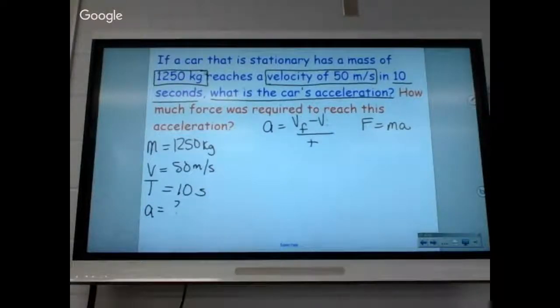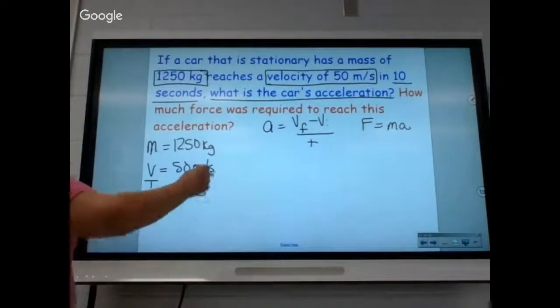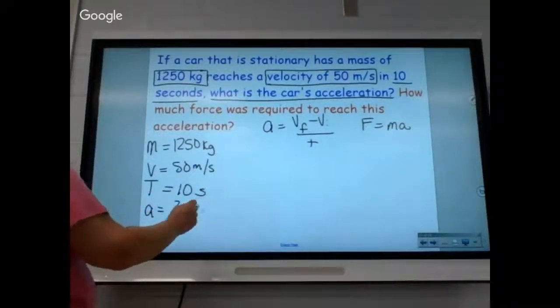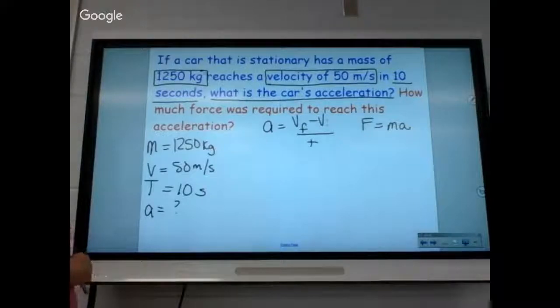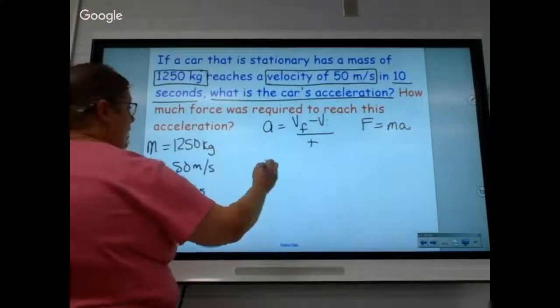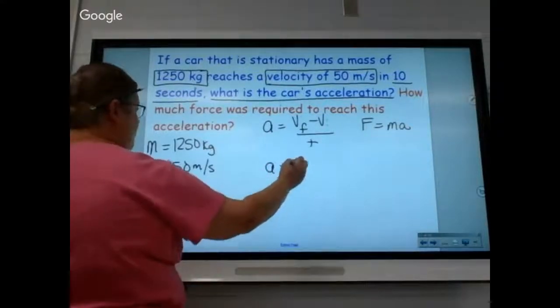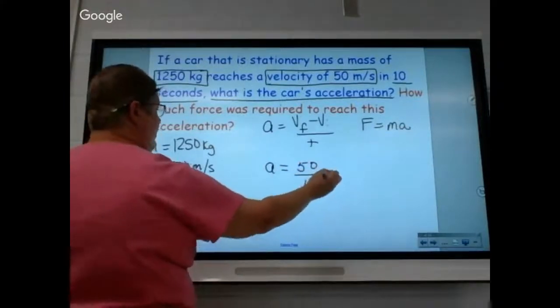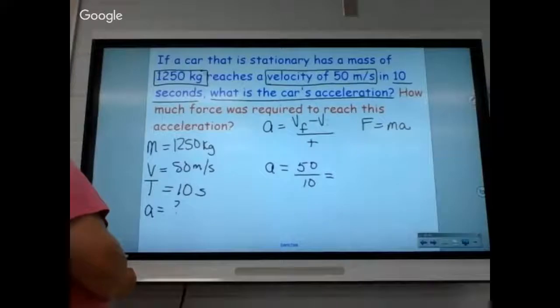Which one will help us get what we want first? A equals. I've got the velocity and the time, so I can get this. Do we agree? Okay, so A equals 50 over 10, which will be what? 5.